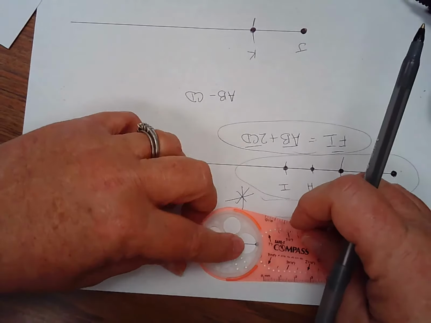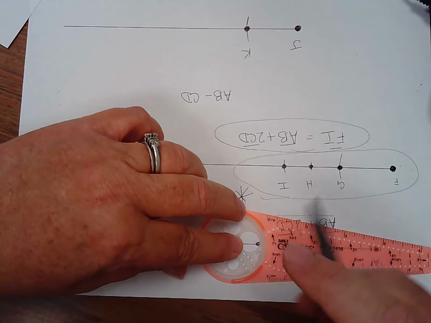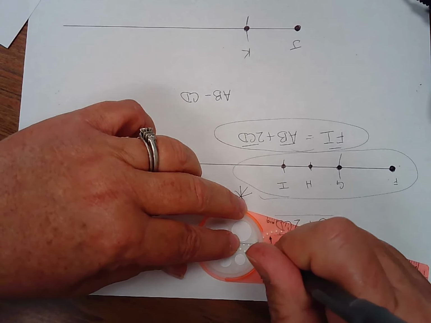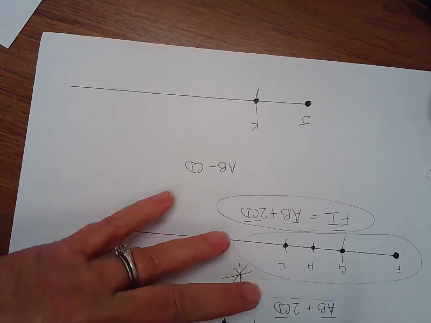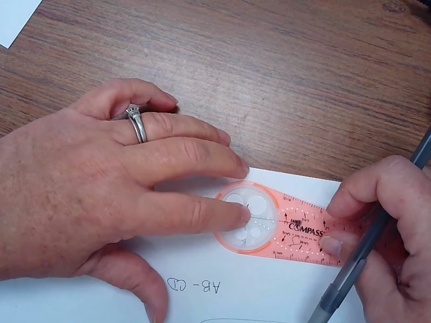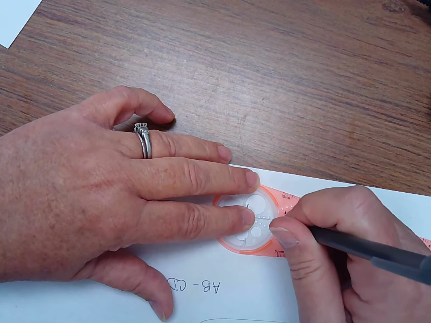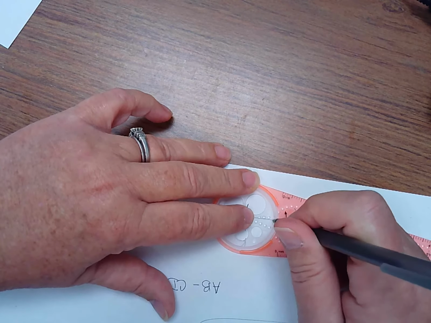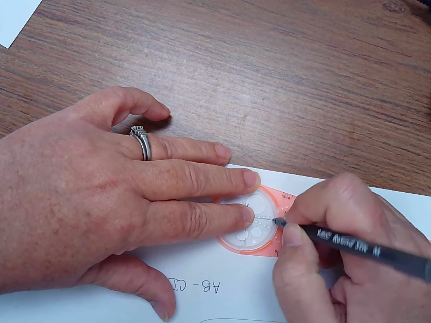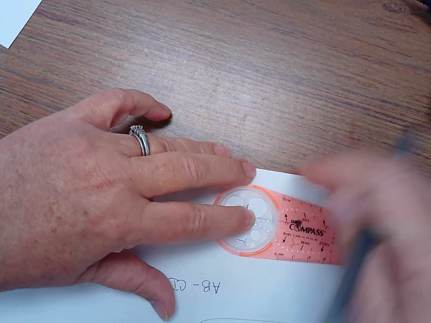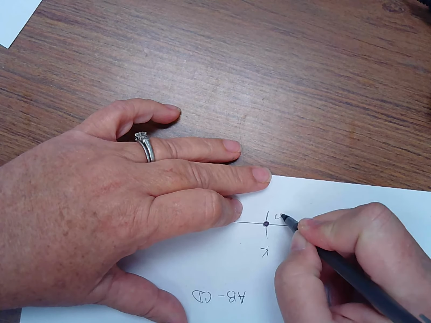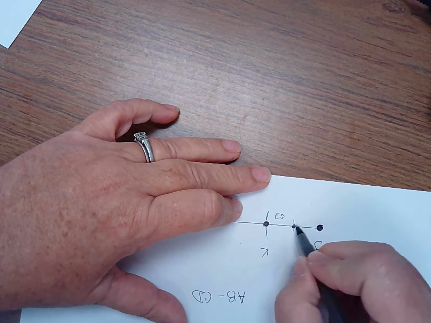Now remember, CD was on the inside. It was right here. So putting the brass ring on K and putting my pin in the hole that gave me CD, I make a little arc. So this segment is equal to CD right here.